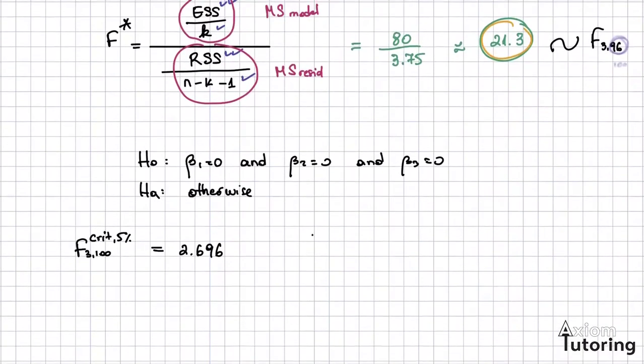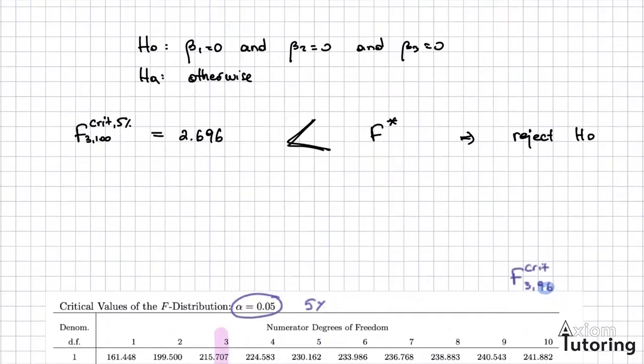Which very clearly is smaller than the F star that we just computed, which means that we actually reject the null hypothesis. If I had to draw a graph here, the same way that we always did for the t-test, keep in mind with the F-test, I'm going to start from 0 here, and I need to have a right tail distribution.